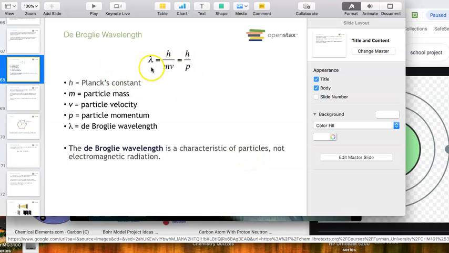To determine the de Broglie wavelength, that's equal to Planck's constant divided by the mass times the velocity of the particle. Or, if you remember from physics, momentum is equal to mass times velocity of the object. So the de Broglie wavelength is equal to Planck's constant divided by the momentum of the particle.